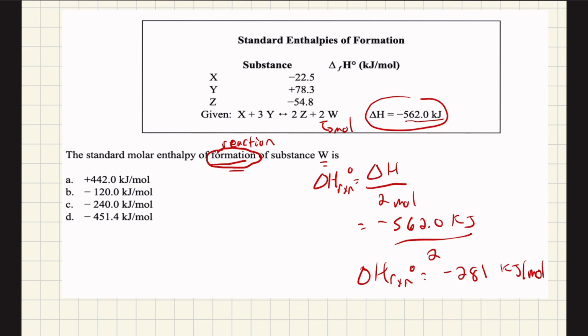So whenever you see that word formation, that means you need to use delta H is equal to the summation of the products minus the reactants, and you're going to isolate for it inside here.